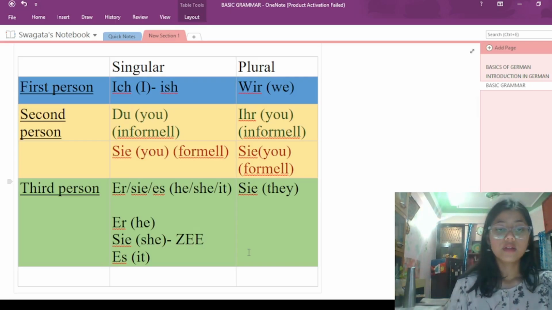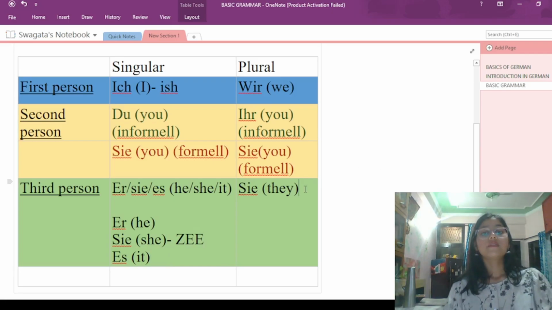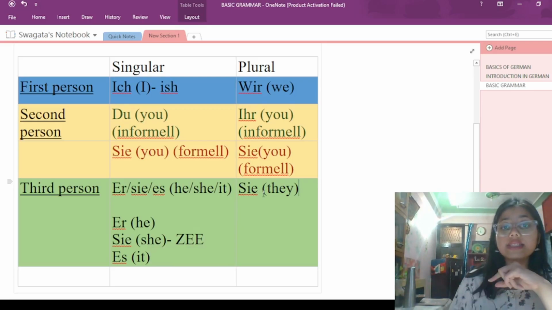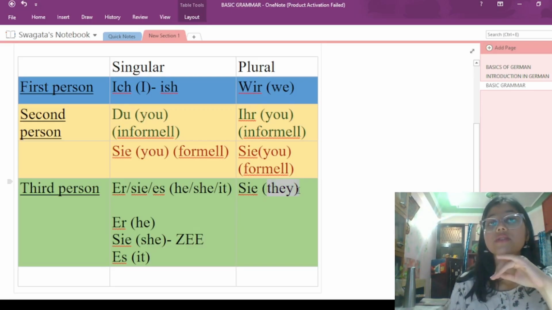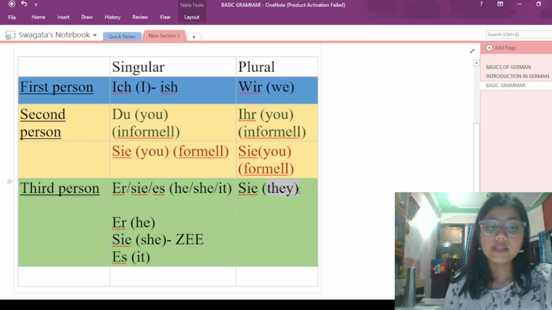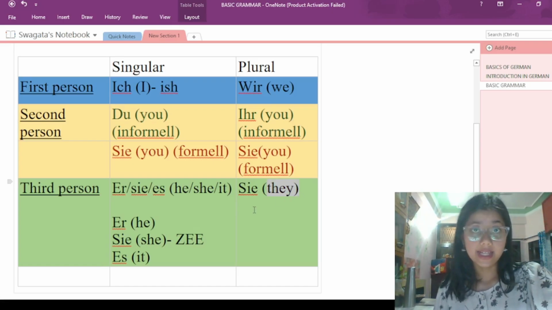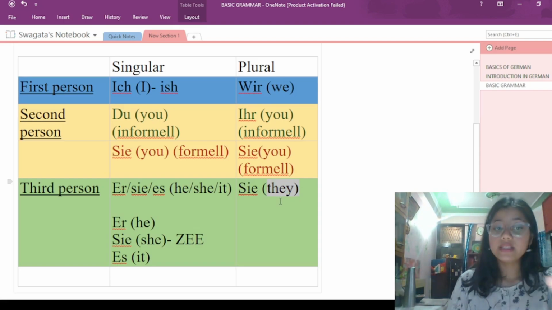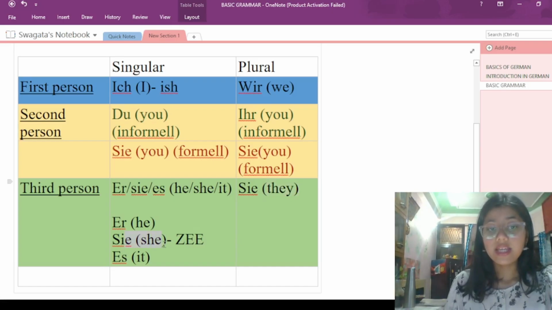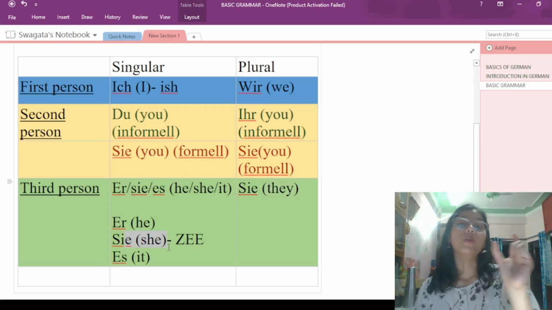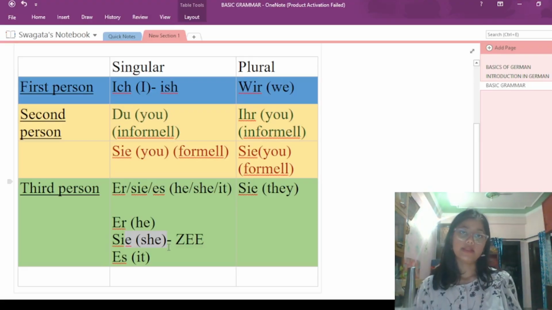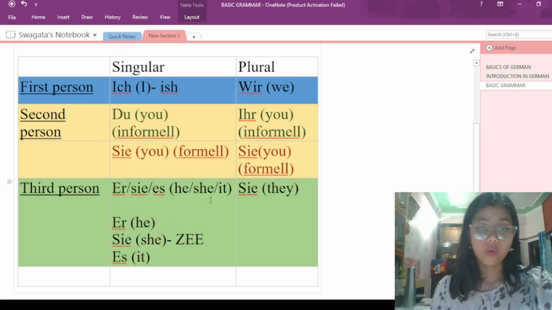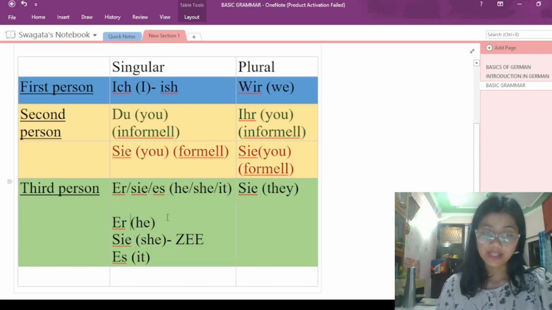Then we have another sie, but this sie has a different form. This is used for the plural, for they. If you're saying they, then that's sie. But this sie is for she. Here, the distinction is with the verb. We will learn the verbs later, but keep in mind that there are two sie in the third person form. One is in plural and one is in singular.